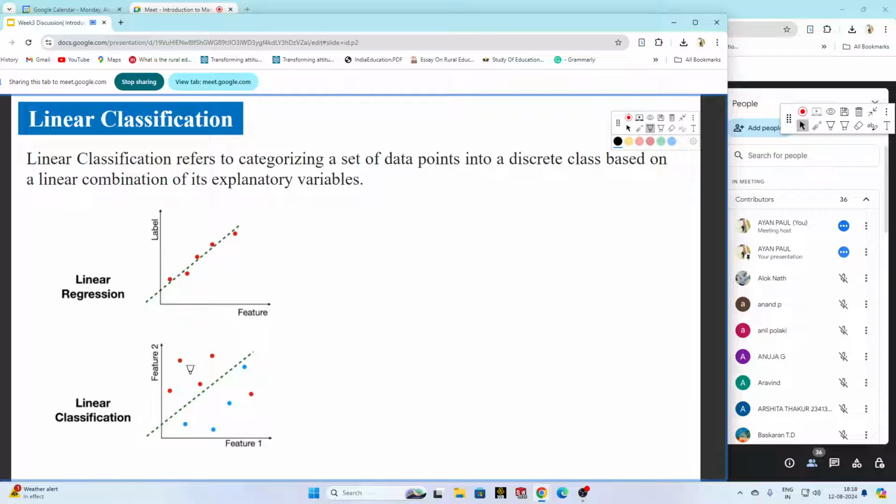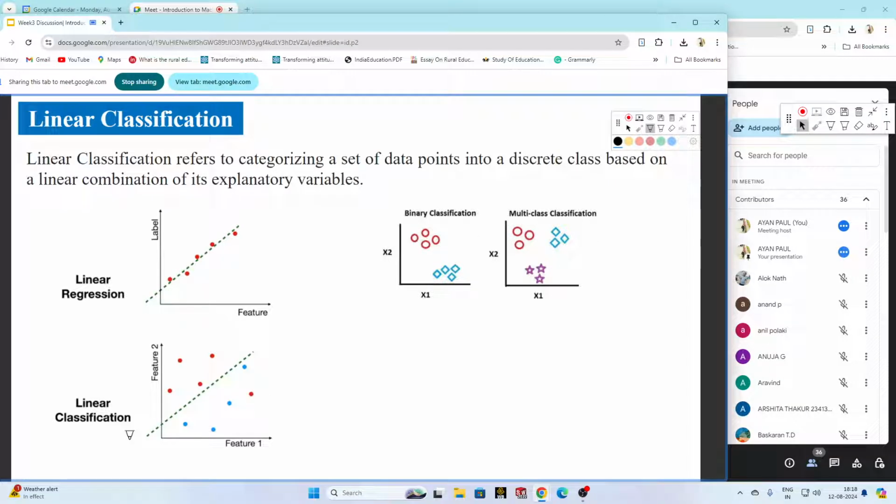You can see here there are two data groups, one denoted by red points and one by blue points. If we separate these two groups of data points by a line, or in more dimensions a plane, then that is called linear classification. The separation between the two groups is done by a linear feature, that is a line in the case of two dimensions, or a plane in the case of three dimensions. So this is linear classification.